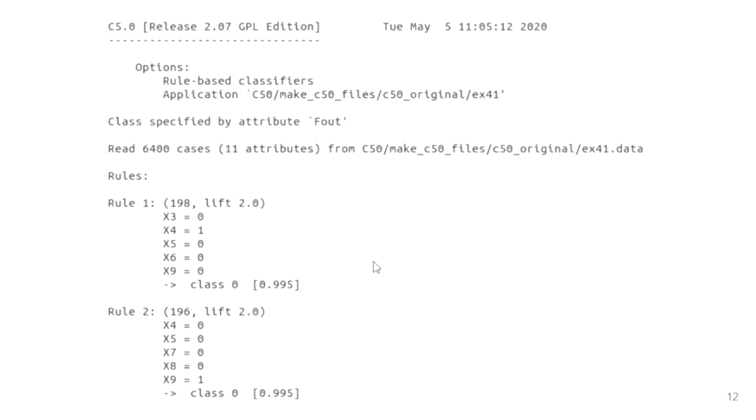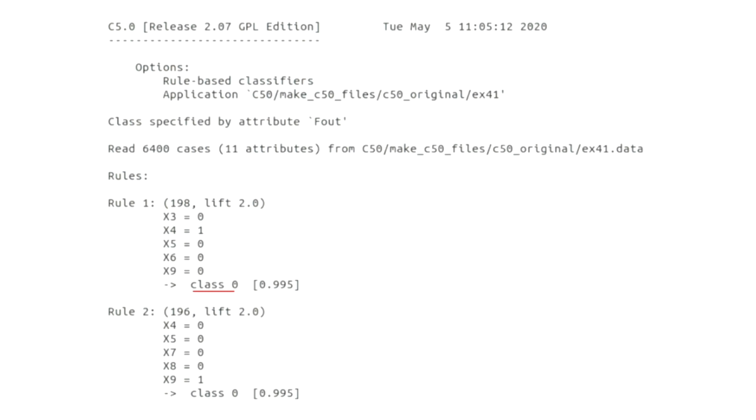This is an example of a C5.0 tree output, and in this example we are going to transform this into a product of sums. So the first thing to do is to consider only rules that are from class 0.